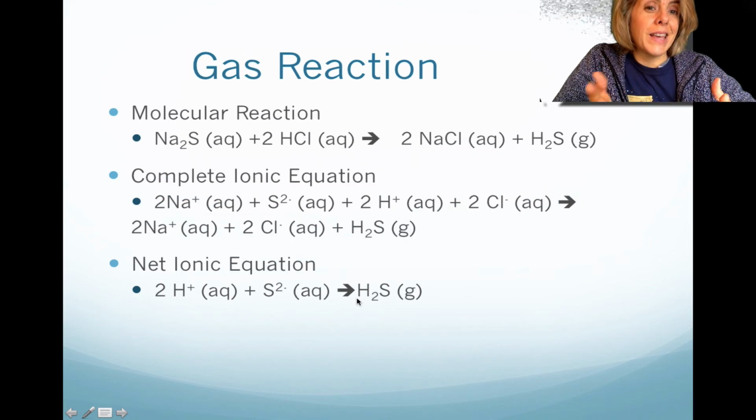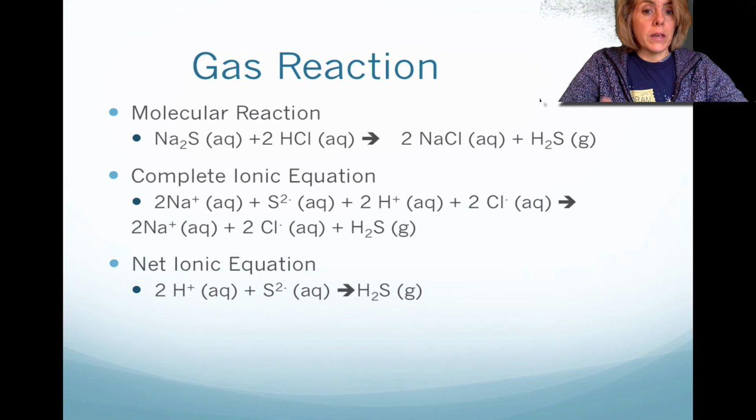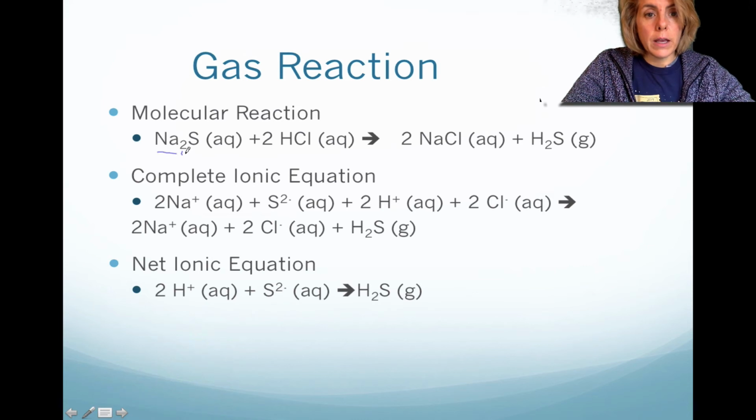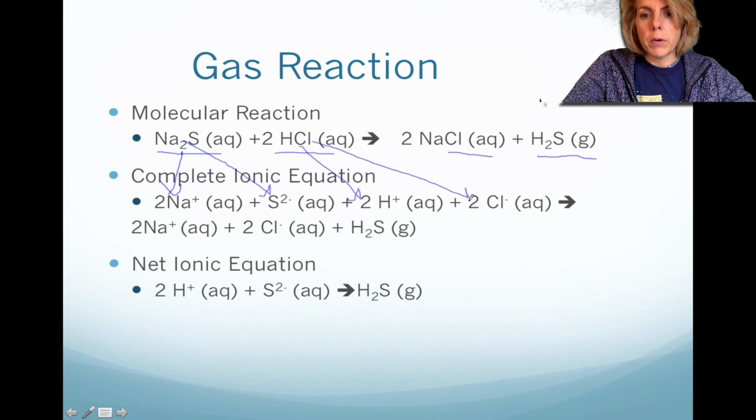The last type is gas. You're doing the same thing. So once again, I'm going to write the molecular equation, and that includes everything with an AQ after it. Notice that the gas itself has a G. Once again, I'm going to break it down into ions if there's an AQ after the chemical formula. And then I'm going to cross out anything that repeats itself.